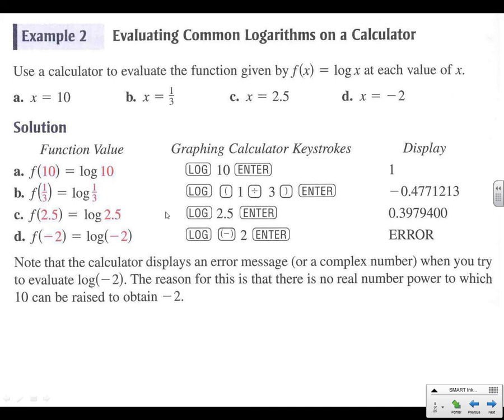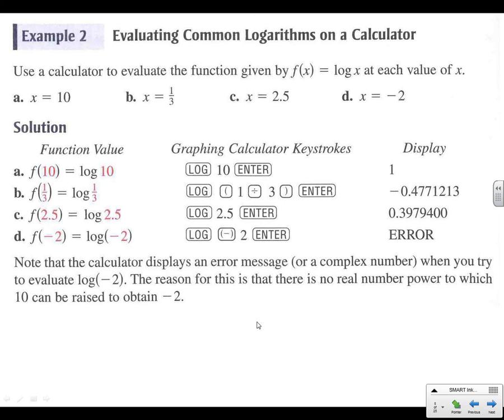All right. 10 to what power gives me a third? It turns out it's this irrational number, negative 0.477. Log of 2.5, so 10 to the what gives me 2.5? 0.39. And 10 to what power gives me negative 2? Can't do that, right?